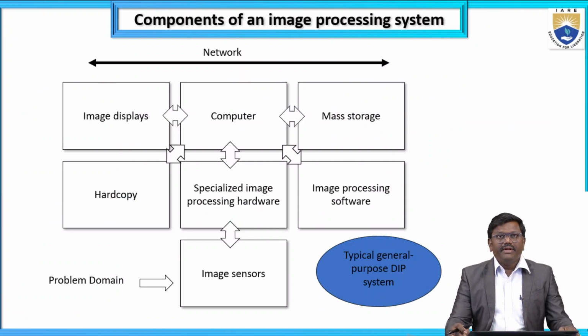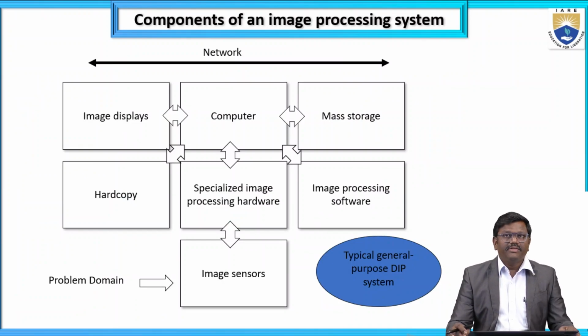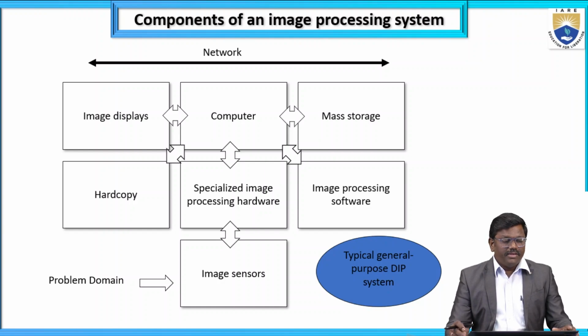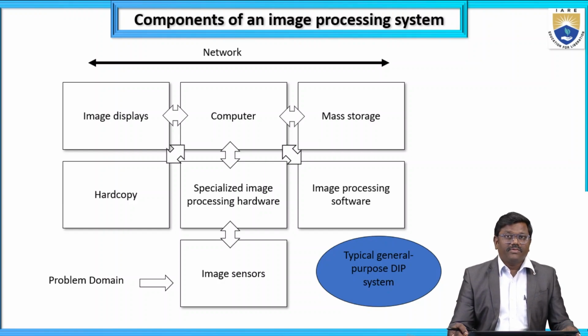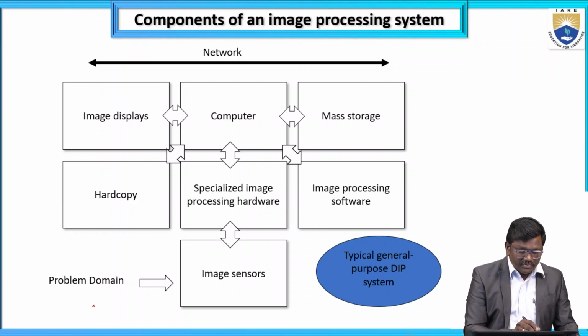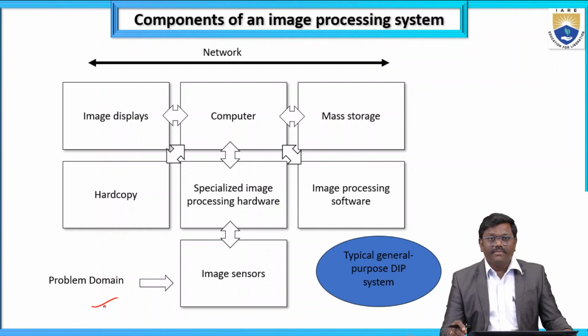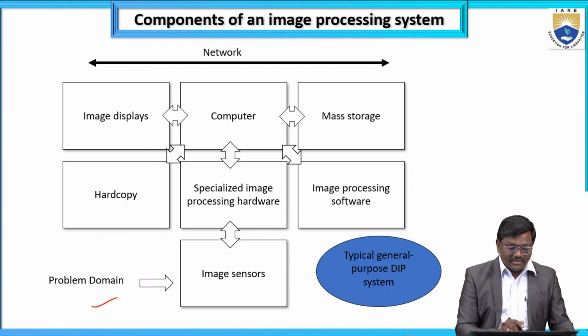Of course, we understand the components of an image processing system network. This network may concentrate on components of an image processing system: image displays, computer, mass storage, hard copy, specialized image processing hardware, image processing software, and problem description, which we proceed with the help of image sensors.